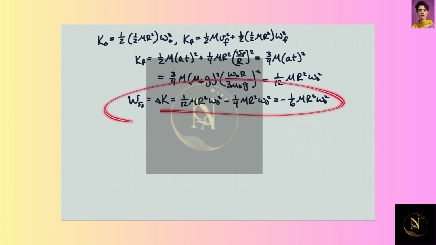We've lost some energy, and that energy has gone out into the environment through that friction force, which we would expect, right? Friction usually dissipates energy in our system. So we would expect that we've lost some energy, and we've lost this amount here. And it depends on the mass, the radius, and the initial angular velocity.